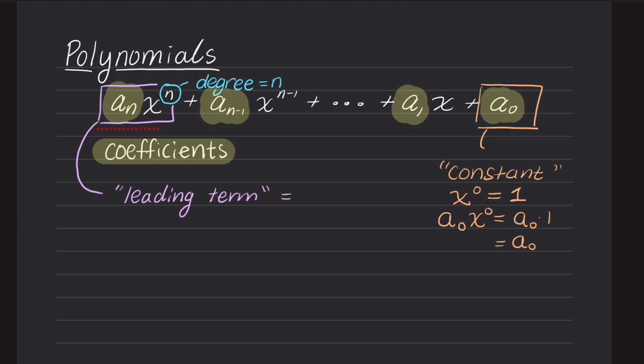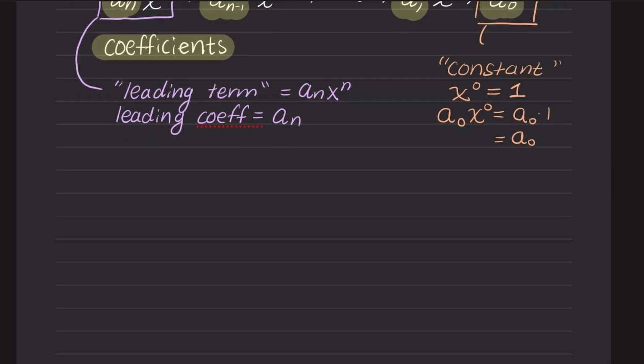So that would be the whole a n x to the n. And then sometimes we'll want to specify the leading coefficient, which is just going to be the coefficient of the leading term, so that's the number an, okay?